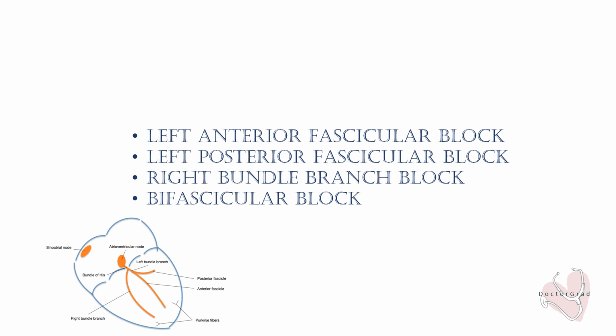That was our right bundle branch and left bundle branch. Now the left bundle actually has two divisions, that is the anterior fascicle and the posterior fascicle. Either of them could get blocked as well, or there could be a bifascicular block. We'll discuss what each of them means.